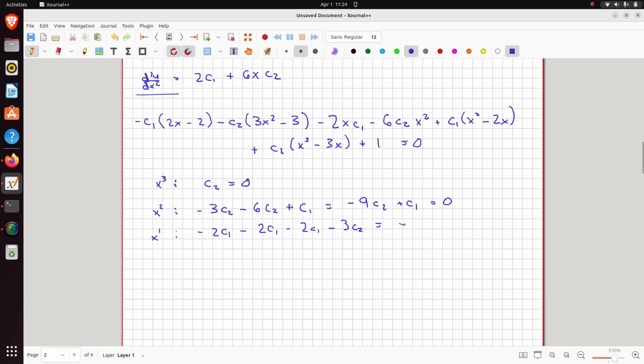That simplifies to minus 6 C1 minus 3 C2 equal to 0.